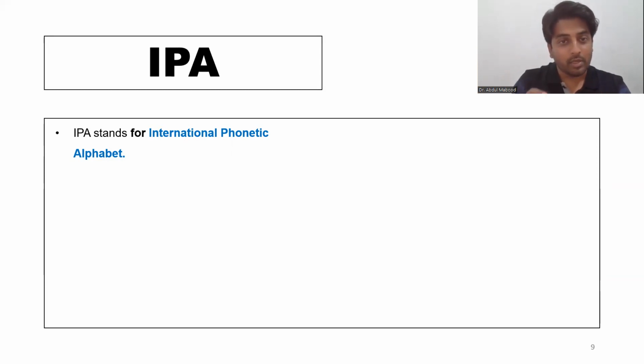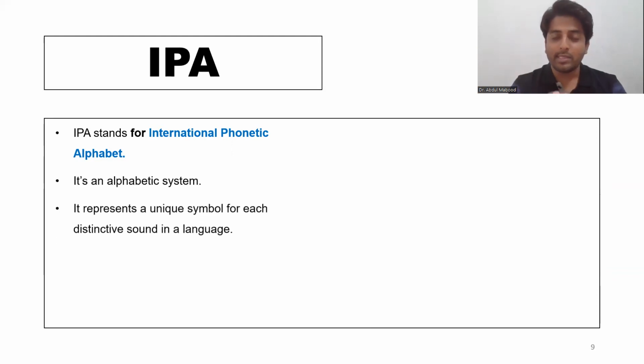Here, the name of the new language that we are going to learn is International Phonetic Alphabet, right? I said it is an alphabetic system. Here, the purpose of this alphabet is a bit different, right?